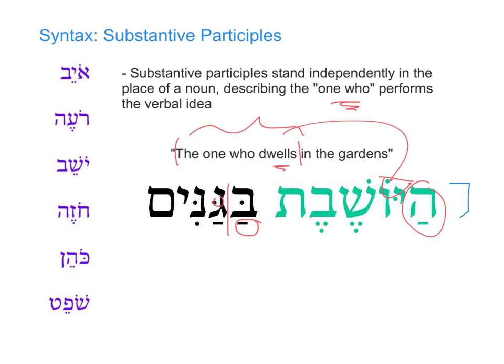The main thing to recognize here is that there's nothing to agree with in the immediate vicinity, but they play by the same rules as our paradigm. We'll have that cholam in the initial position, as well as those inflected endings that we're used to seeing in our adjectives. So know that paradigm and know a little bit about the different uses, and you should be able to identify if we have a substantive, attributive, or a predicate participle.